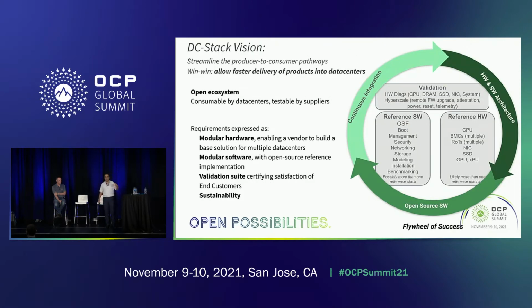So when we put all of that into a flywheel, we call it the flywheel of success, bring in hardware, bring in software, bring in test and validation, and have the sustainability in mind, we believe we can be successful. Successful in doing what? Allowing innovations find their ways into hands of eventually customers, be deployed faster into data centers. That creates the win-win that we've been looking for.